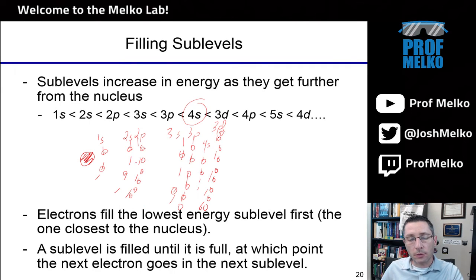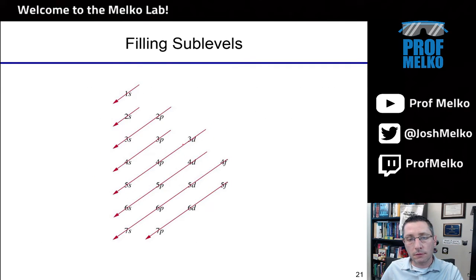So you can have a shortcut to remembering how to fill these up, these rules and exceptions like 4s comes before 3d, by using a chart like this. You can write out the energy levels down the left, 1, 2, 3, 4, 5, 6, 7, and then S, P, D, F going from left to right.